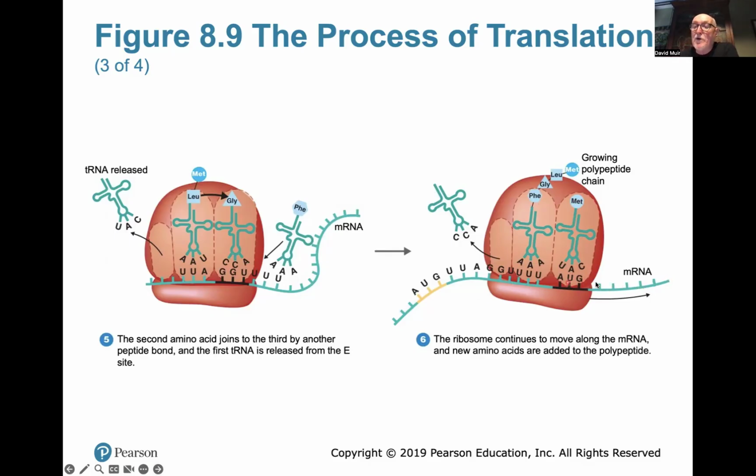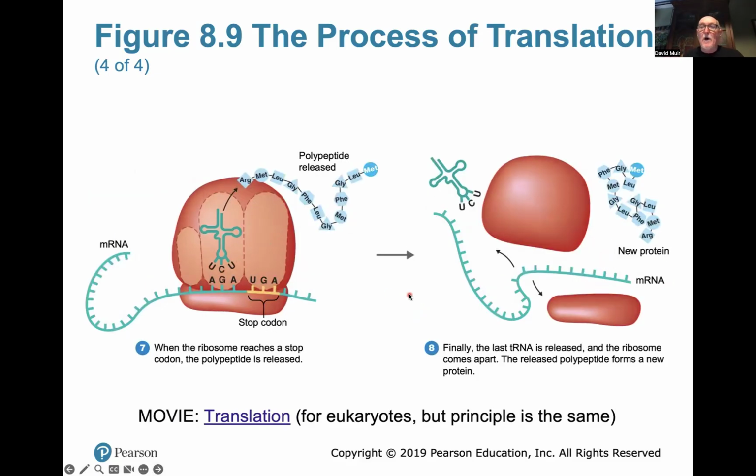And that order is determined now by the order of the codons. And that order of the codons was originally determined by the order of the DNA triplets. So that's how it goes on. It goes on and on and on, repeating this whole process, moving empty ones into the exit site, moving the growing chain into the P site, leaving the A site empty for a new tRNA to come in, breaking the chain and joining it to the new one, leaving that one uncharged, moving it, kicking the old one out, moving the empty one, moving the chain into the P site again, leaving the A site empty, and on and on and on.